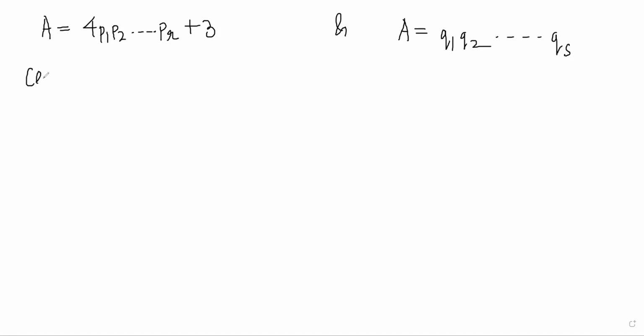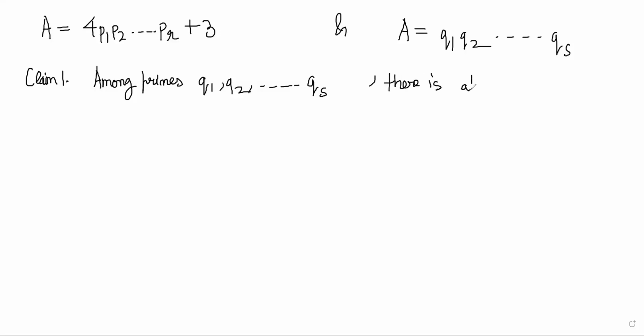The first claim that I want to make is that among primes Q1, Q2 till Qs, there is at least one prime which is 3 mod 4.